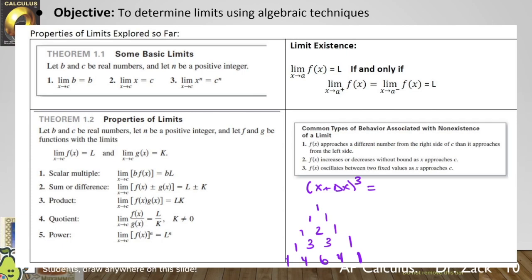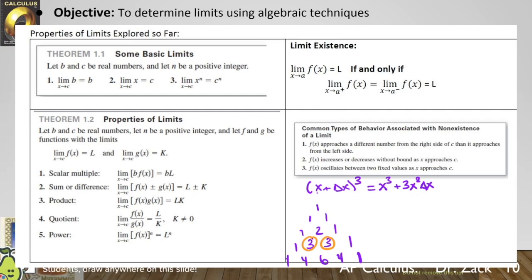As we multiply out x plus delta x cubed, the first term is 1 x cubed. So we take the first term and cube it. Then we take the value of the number, which is a 3 in this problem, so we write our 3, the x, which was your first term, squared, and then the next term is just delta x.